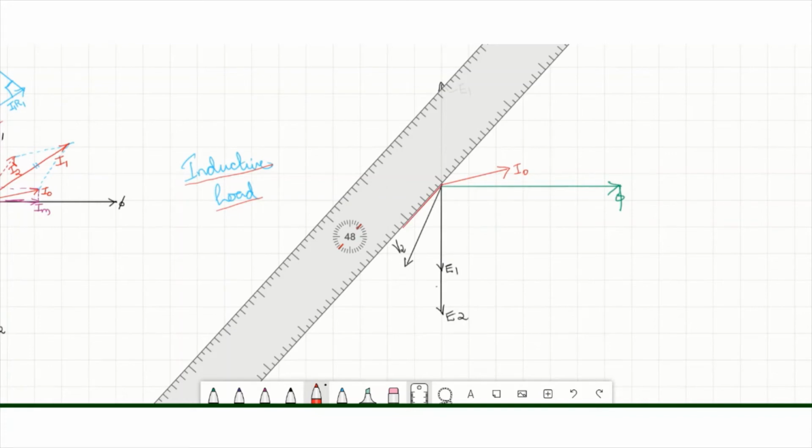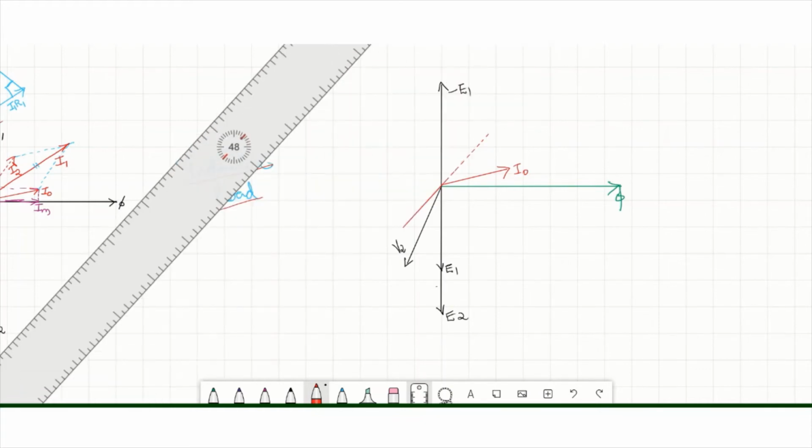I2 lags V2 by an angle phi 2. Now in order to get I2 dash, extend I2 to the negative side. Negative of I2 is I2 dash. Now next step is to draw the resultant of I0 and I2 dash, which will be I1.